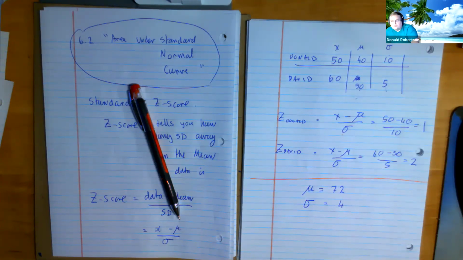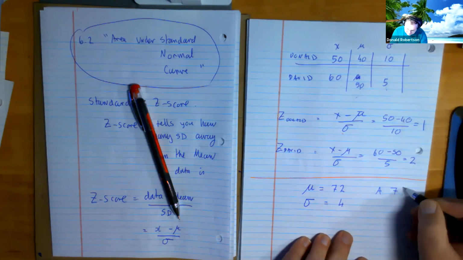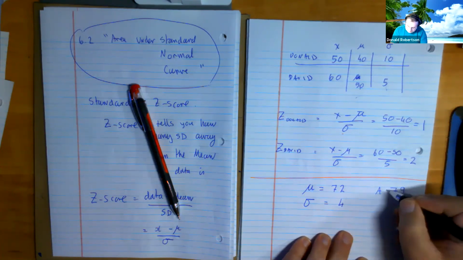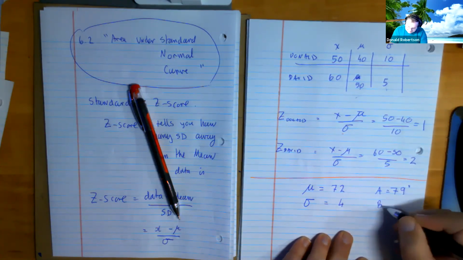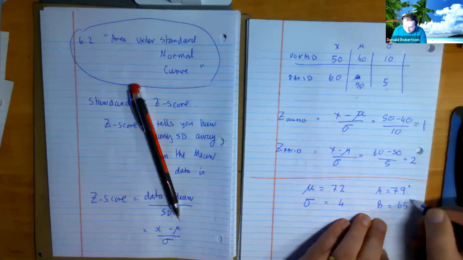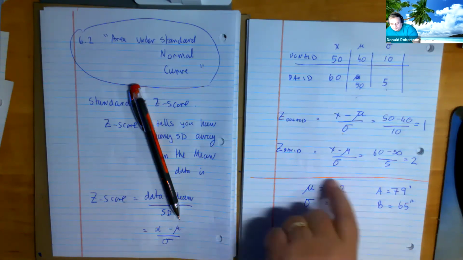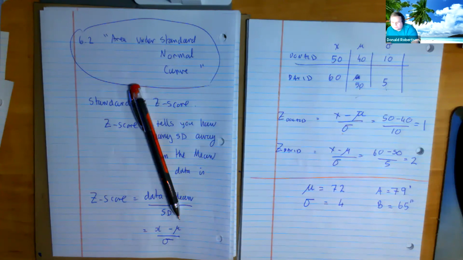Well, actually, we'll have 2 new players come to the team, make the story more interesting. Player A is 79 inches tall, and player B is 65 inches tall. And the question is, are either or both of those exceptionally different compared to the rest of the people in the team?